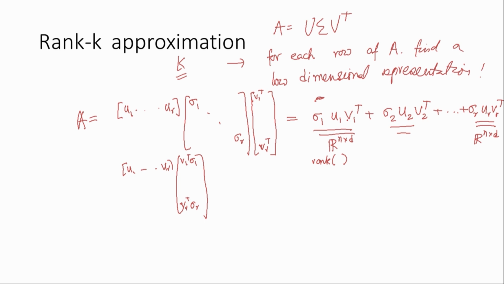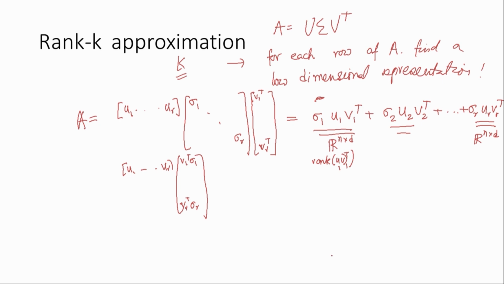What do you think the rank of that is? The rank of that is the same as the rank of V1 transpose, because sigma 1 doesn't matter. This is an n by D matrix. I haven't said whether n is small or D is small, but that doesn't matter.